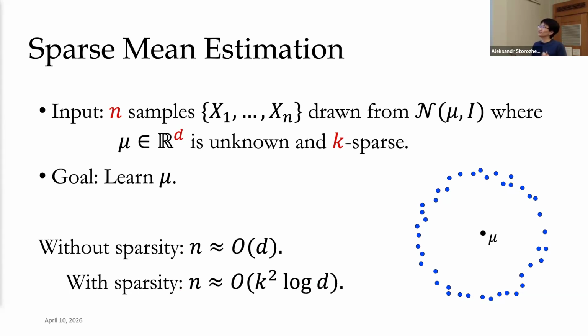But for sparse mean, there's an upper bound of roughly k squared log d. You should think of k being roughly log d, so this is polylog d, which is much smaller than d. The information theoretical lower bound is something like k log d, but we are not too concerned about this gap between k squared and k here.